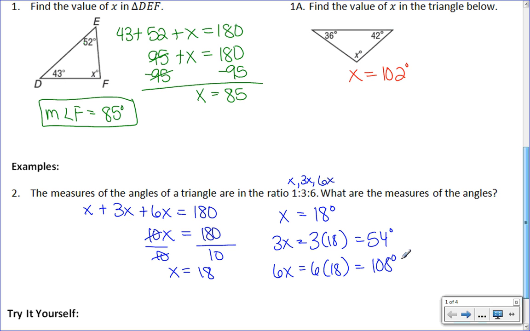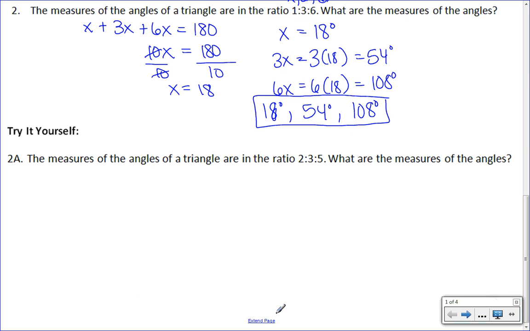So the measures of the angles are 18 degrees, 54 degrees, and 108 degrees. And we could always double check this by making sure that these three add up to 180, which they do.